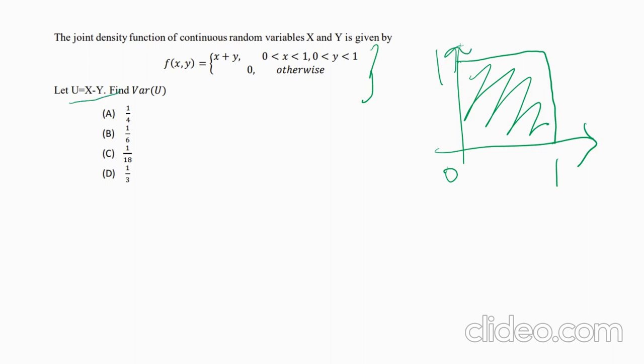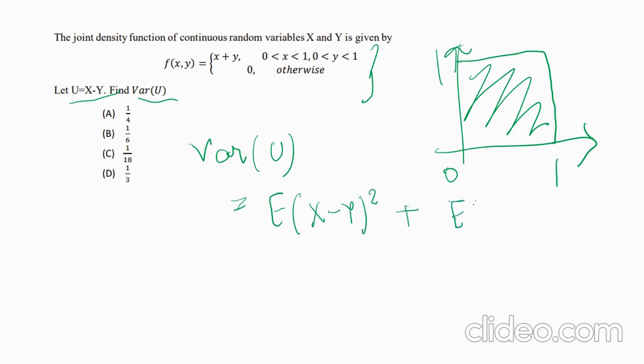So U is given here as x minus y, and we want to find the variance of U. So now variance of U will be expectation of (x minus y) square minus expectation of x minus y whole square, right?